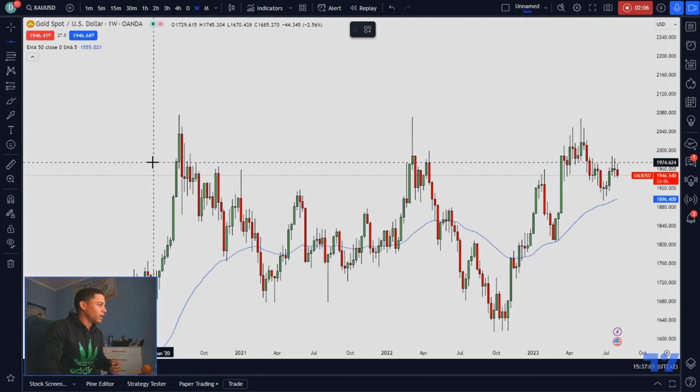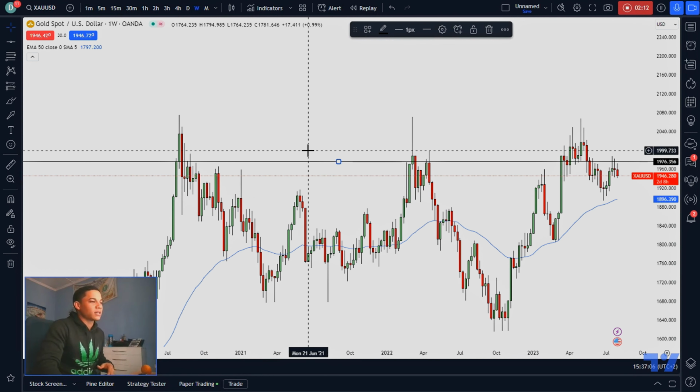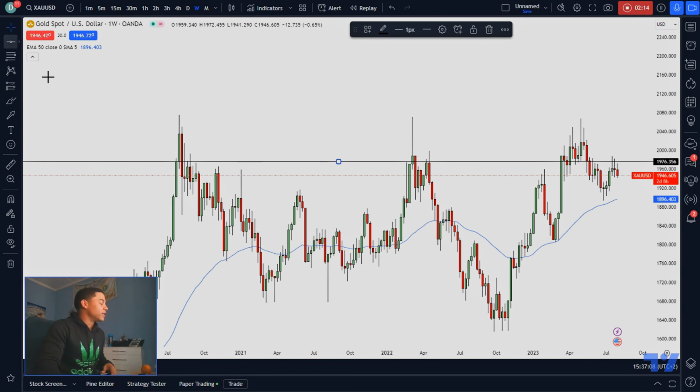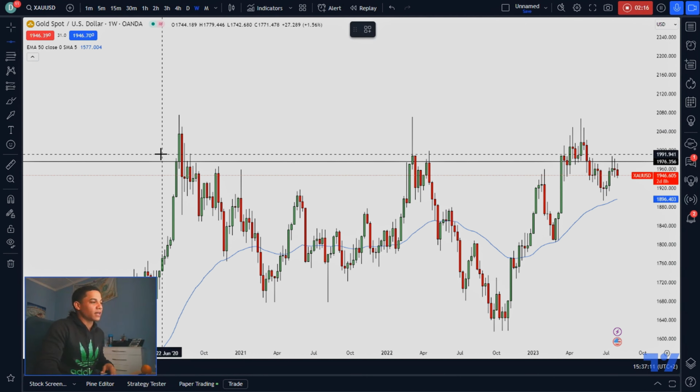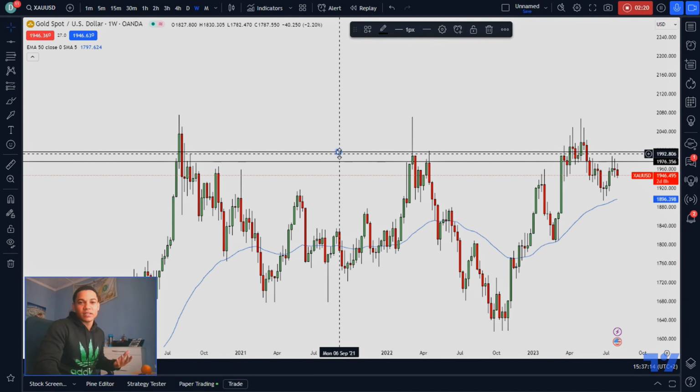What I normally like to do, when I drop my zones, is look at an area where price has used that area for support and resistance. And the more frequency, or the more touches that area has, the more valid it is.